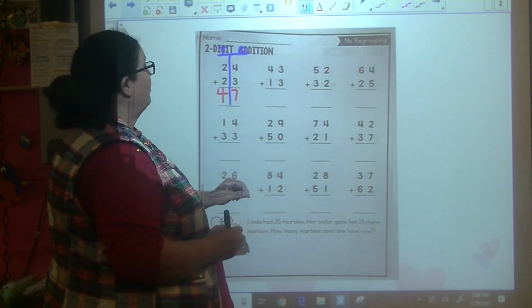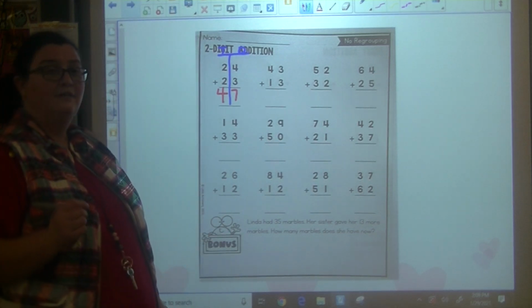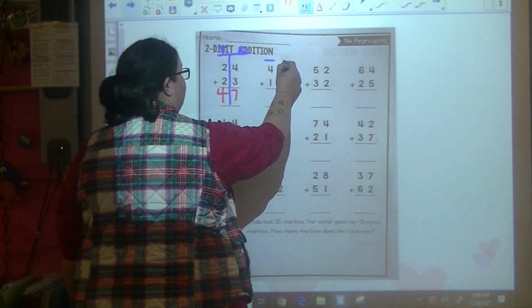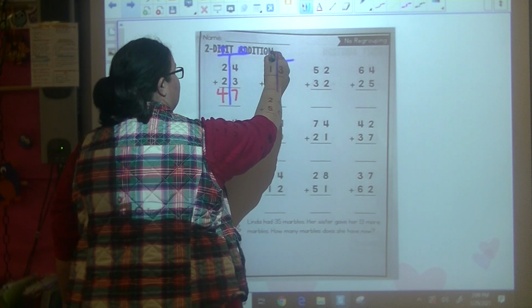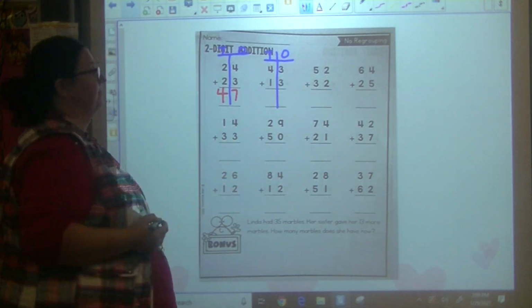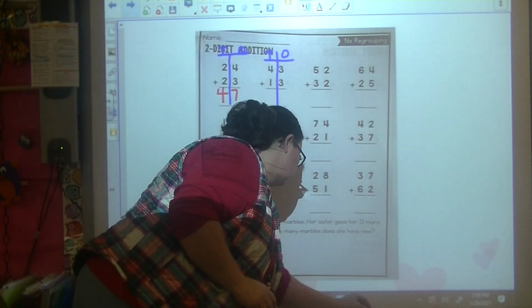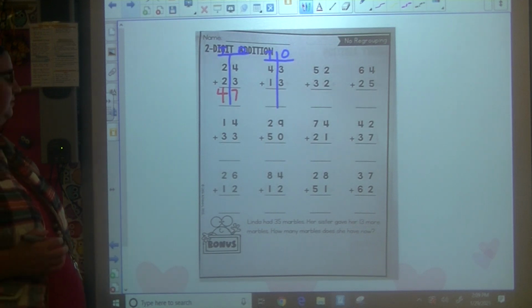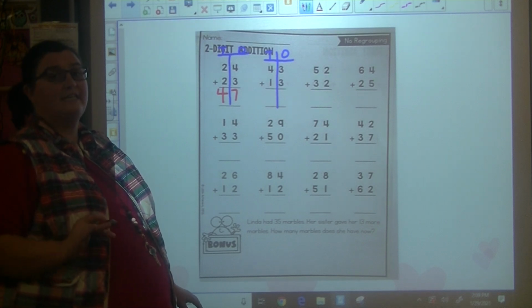Let's make our chart. 43 plus 13. Let's divide our tens from our ones. Here's my tens, here's my ones. Got to play hide and go seek.